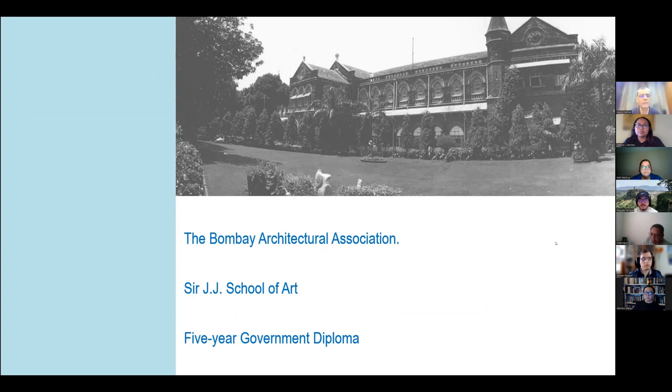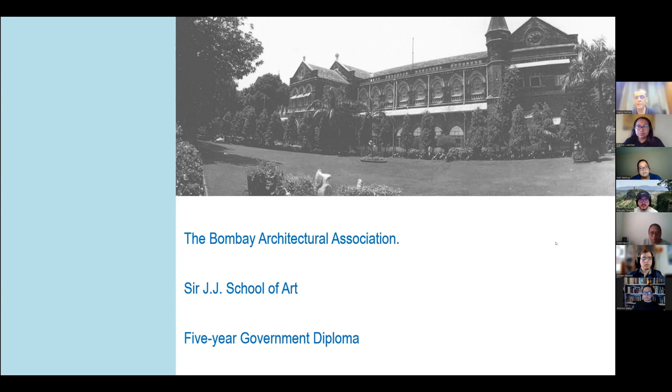It was during that time that the Bombay Architectural Association was formulated by British architect Claude Batley, who was the first president of this association. Subsequently, Royal Institute of British Architects recognized the course of JJ School of Art in 1920 as a course that will train architectural apprenticeship.